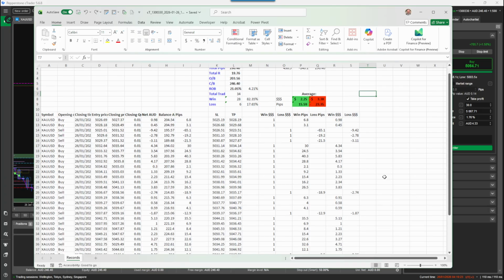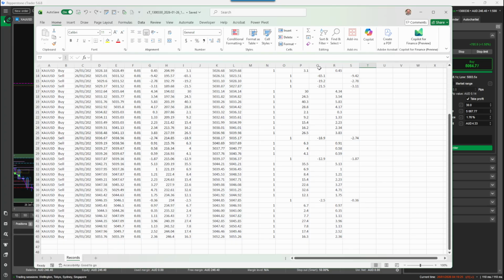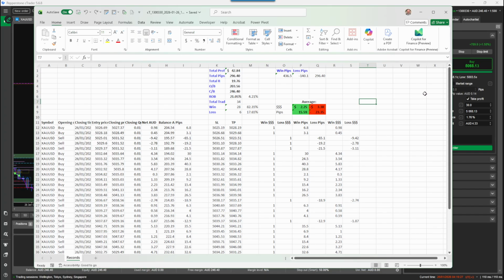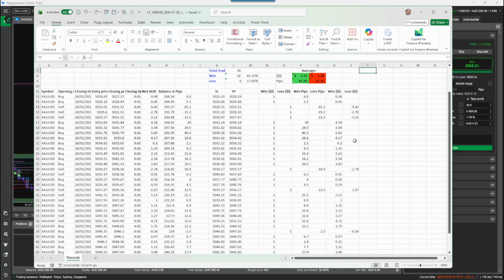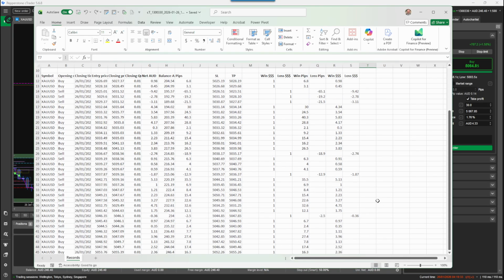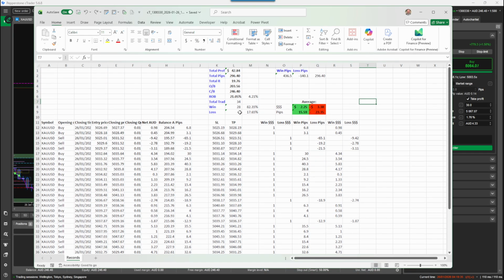There's one bodgy ass trade in there that has stacked that loss side, and the problem is there's only 6 losses, so you divide by 6 as opposed to dividing by 28, if you get what I mean.